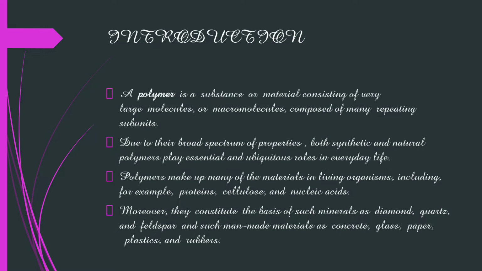Polymers make up many of the materials in living organisms, including, for example, protein, cellulose, and nucleic acid. Moreover, they constitute the basis of such minerals as diamond, quartz, and feldspar, and such man-made materials as concrete, glass, paper, plastic, and rubber.